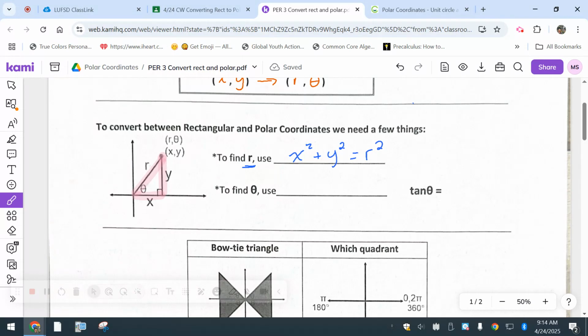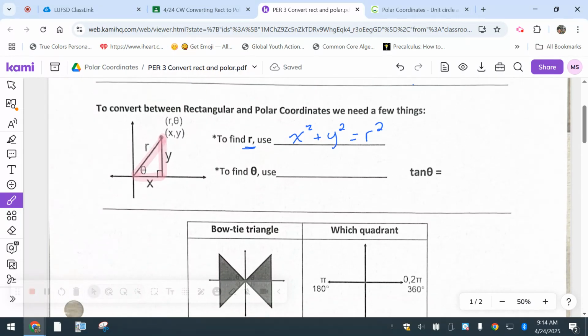Now, to find theta, typically, depending on what you're given, you could use SOHCAHTOA, right? But a lot of times you're only going to be given x and y.